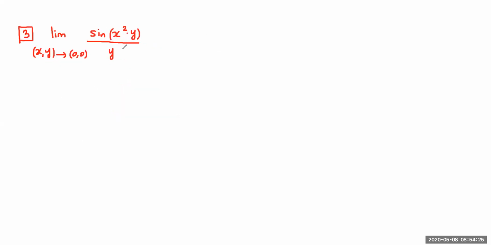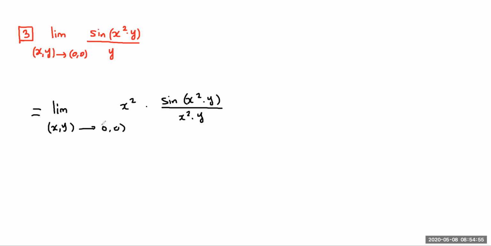In this exercise, we have sin(x²y) over y. So let's write this is equal to the limit of sin(x²y) divided by x²y, times x², when (x, y) approaches (0, 0).